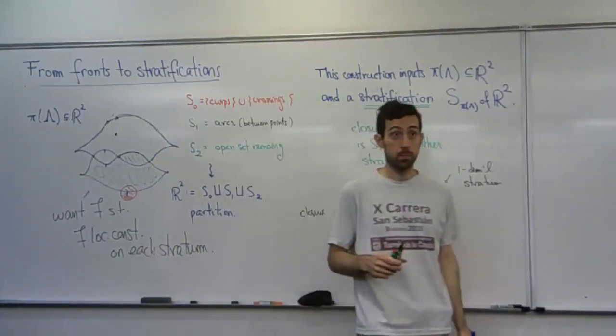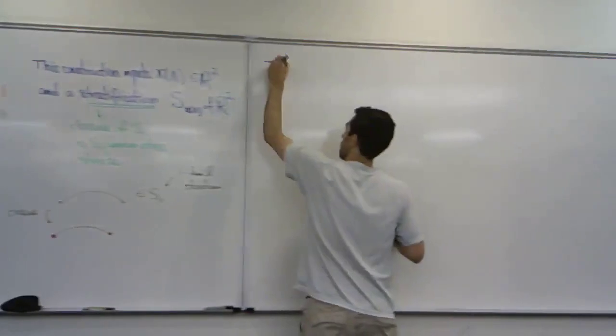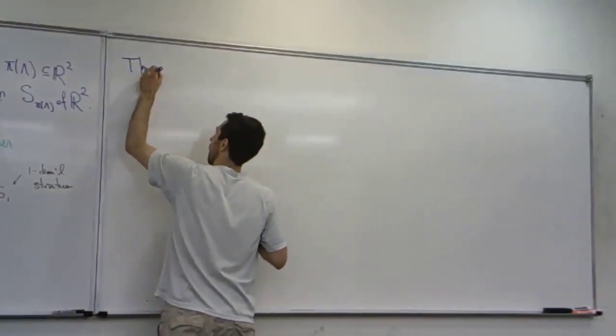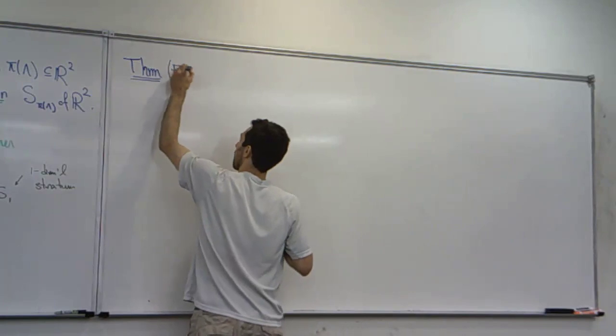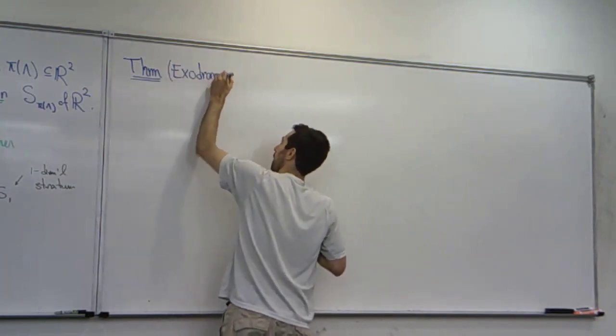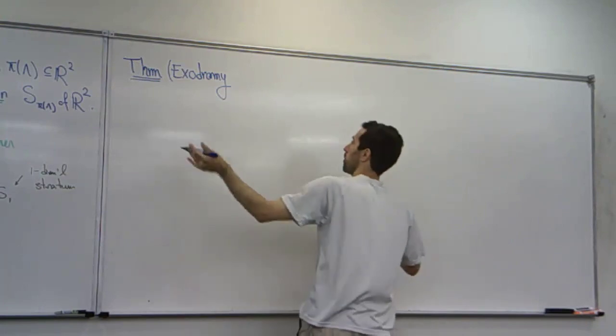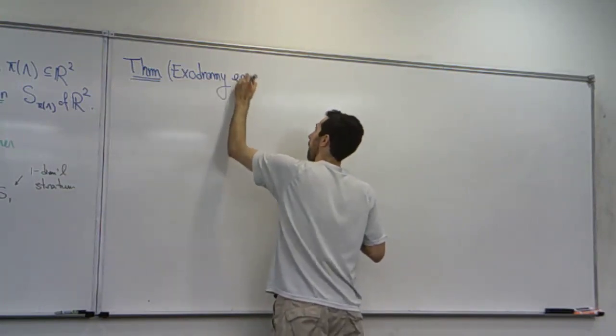Okay? So now, how do you compute constructible sheaves? That's, as I said, something that people have thought about for a long time. So this is a theorem. It's called the exodromy equivalence. I'm going to give you 25 theorems, some of which came from results from the 70s and the 80s.